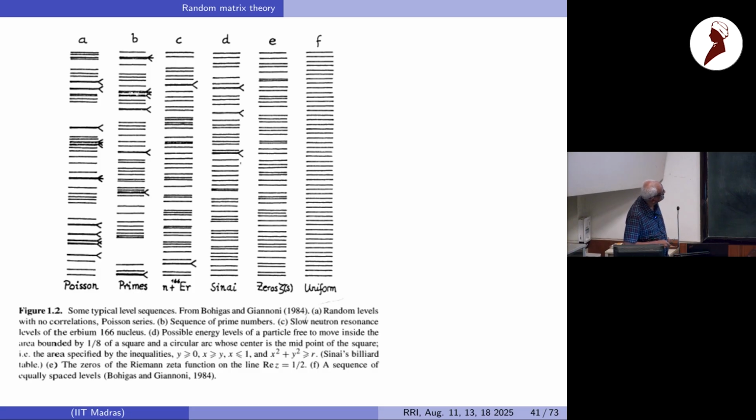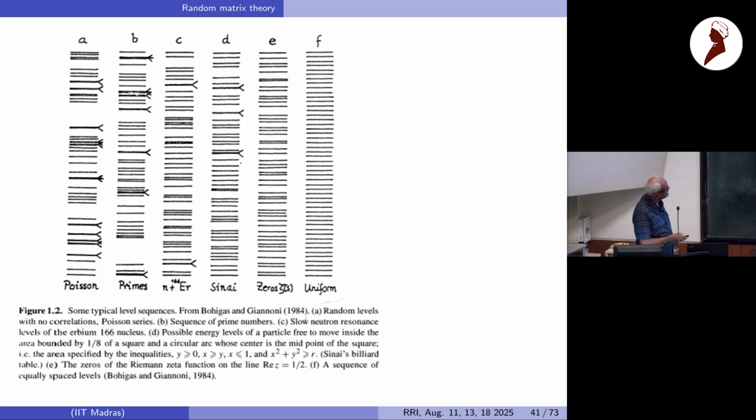The Riemann zeta function, there is still an unsolved problem lying there. I'm not going to go into the zeros of the Riemann zeta function. It's a fascinating topic. But it appears that if you plot the zeros, they will also look kind of random.